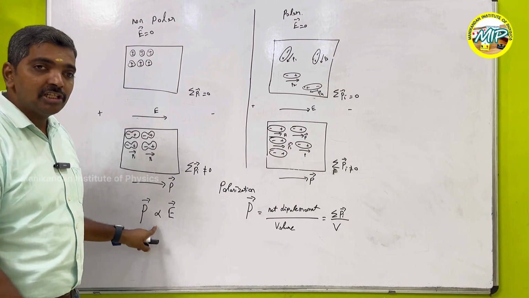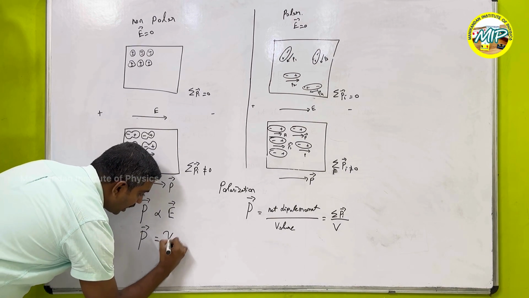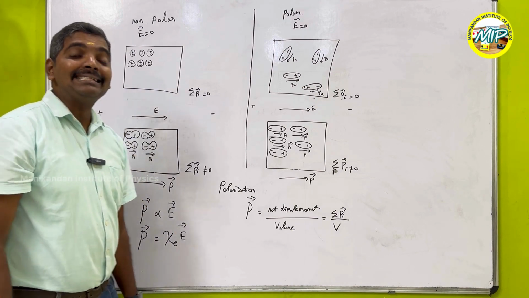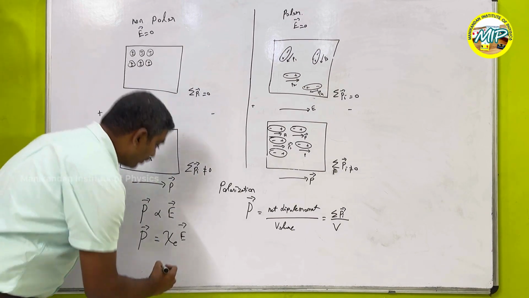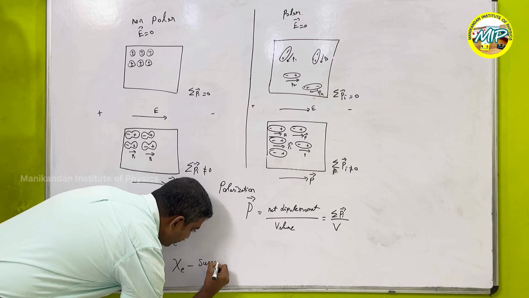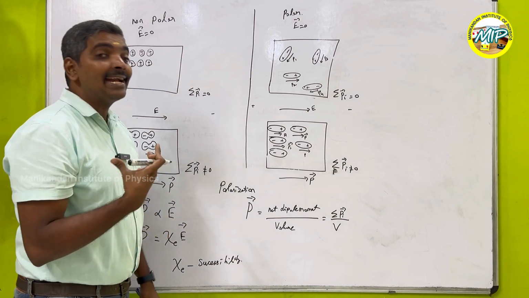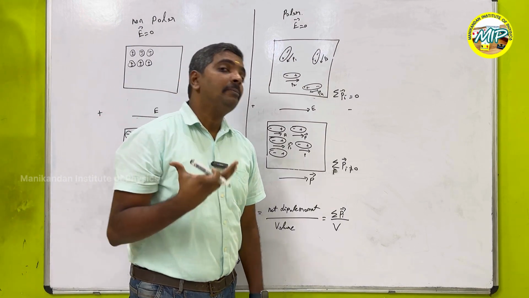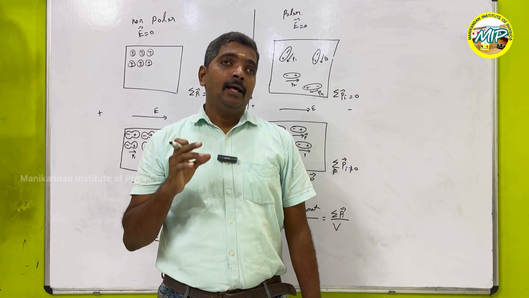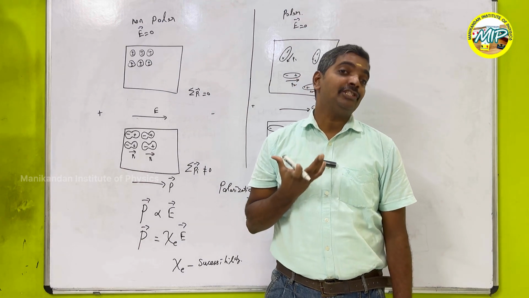If I replace this proportionality symbol by a constant, P vector equals chi times E. This chi is called the electric susceptibility of the material. What is meant by electric susceptibility? Electric susceptibility is the ability of the material to retain the energy stored inside.